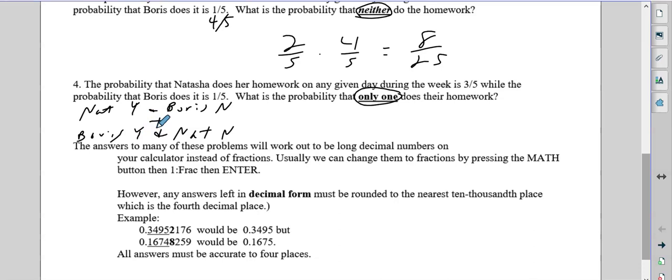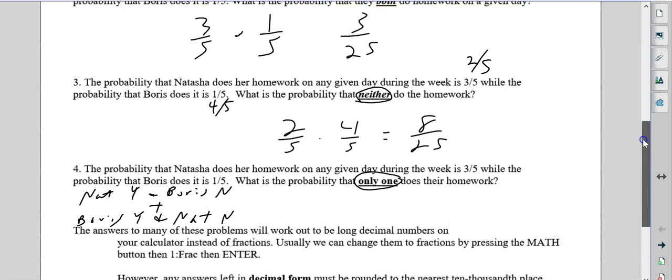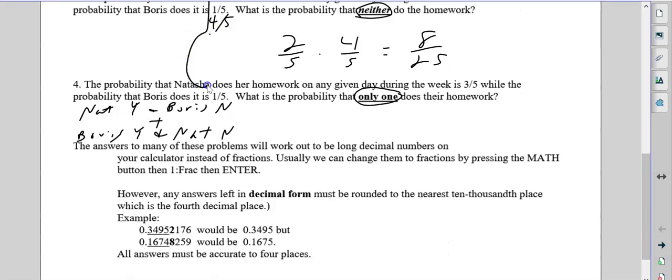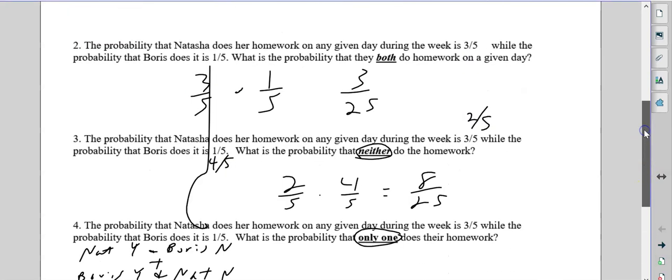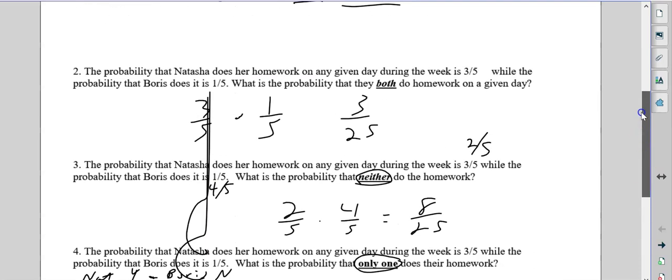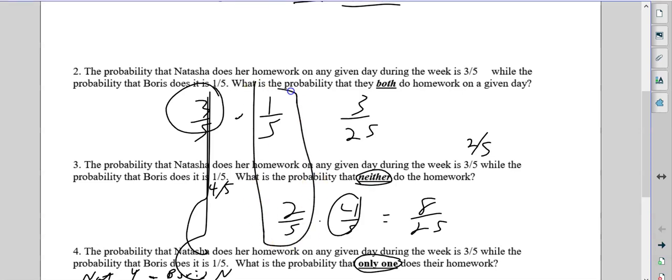So we're basically going to take the 3/5 and the 4/5, so yes and no, and then these two.